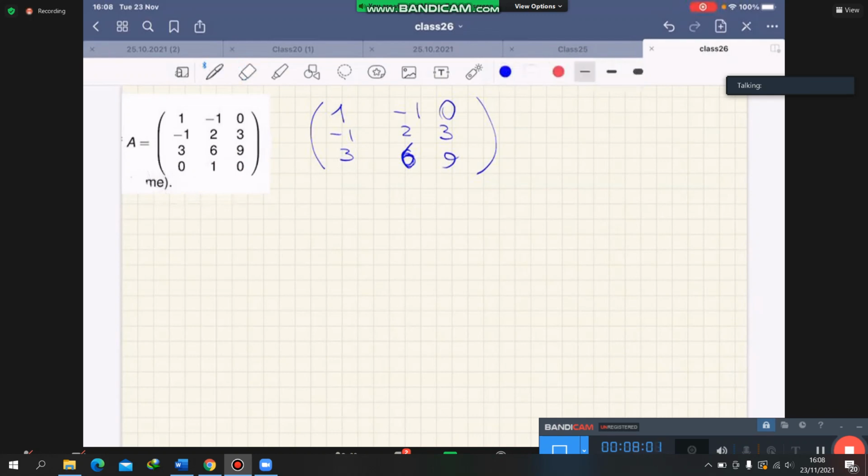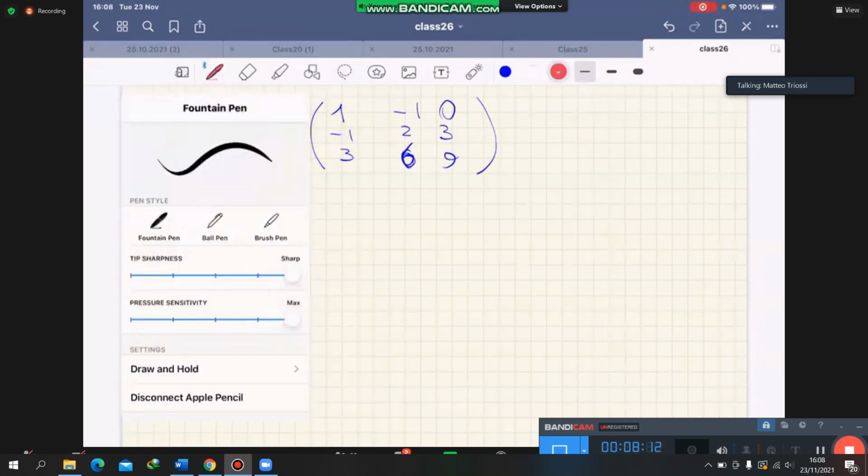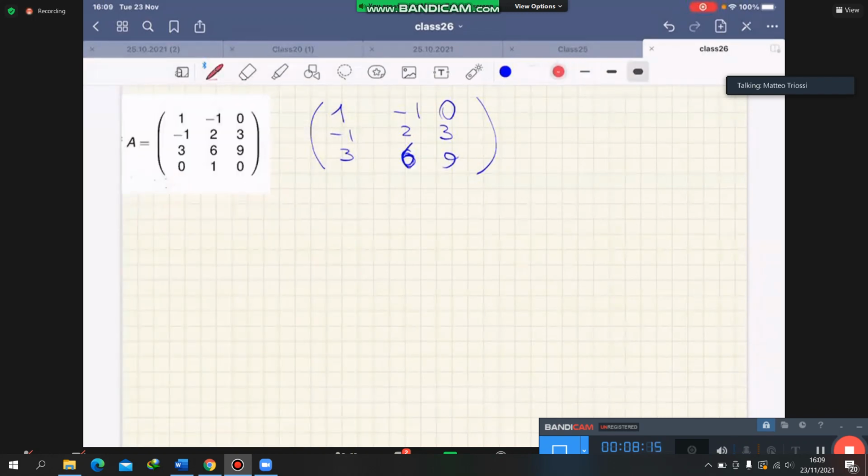Then let's try to delete the third row. And we get another matrix. Let's call this A4. I call it A4 because it's the one that I obtain by deleting the 4th row.